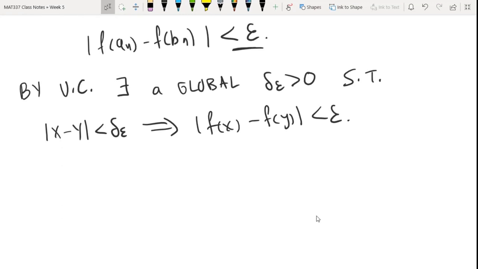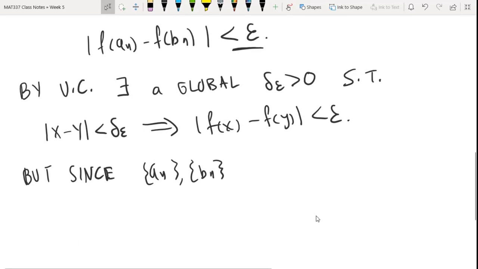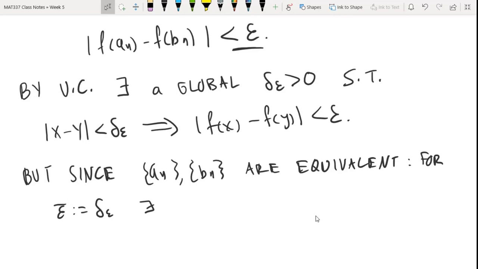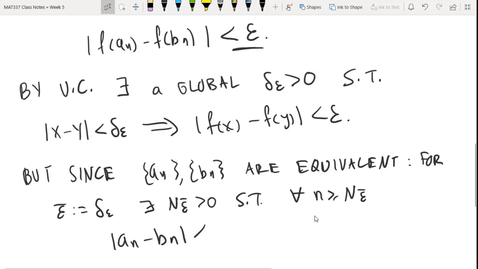Okay, but since an and bn are equivalent, for epsilon bar equal to delta epsilon, there exists an n epsilon bar such that for all n bigger than n epsilon bar, an minus bn is less than delta epsilon.